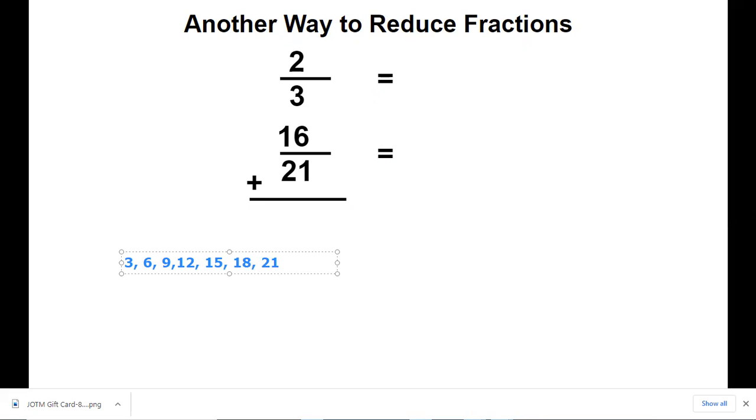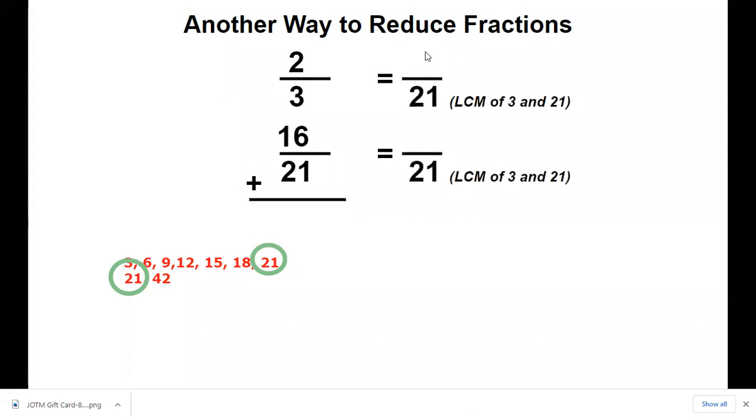And then I'm going to count by 21s. 21, 42. I don't have to go any further. Why? Because I have my match, right? Which one is my least common multiple, my first match? 21. So that's going to be my bottom number.